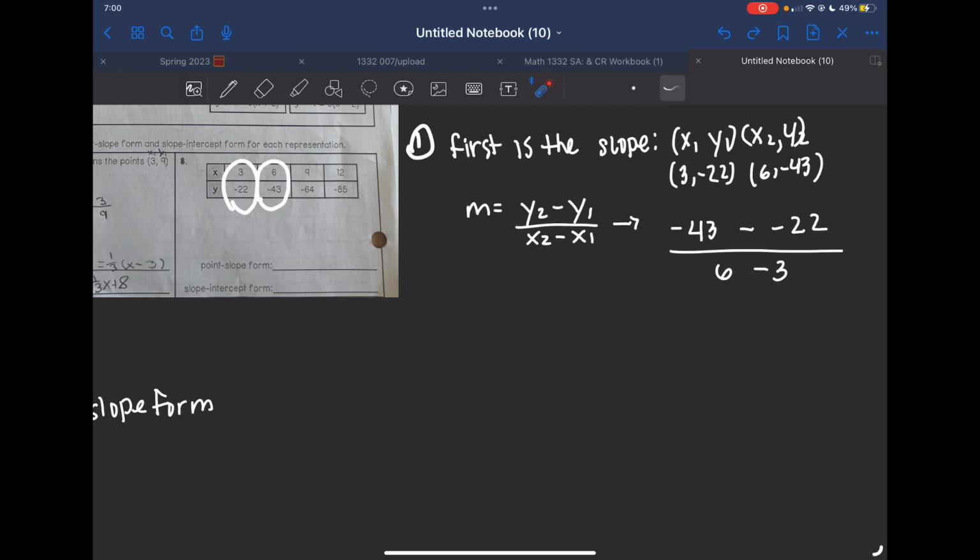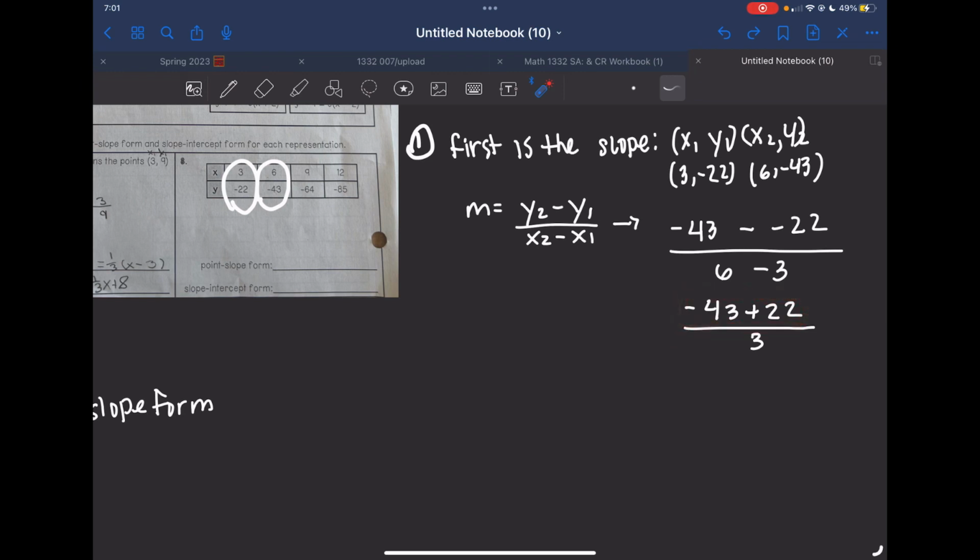First, I'm going to simplify the numerator. When we have two negatives next to each other, that becomes positive. So I actually have negative 43 plus 22. This looks a little busy, but the denominator is going to be 6 minus 3, and that's going to give me 3.